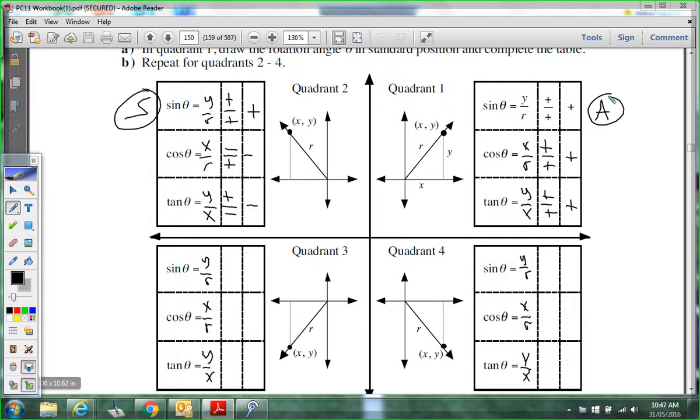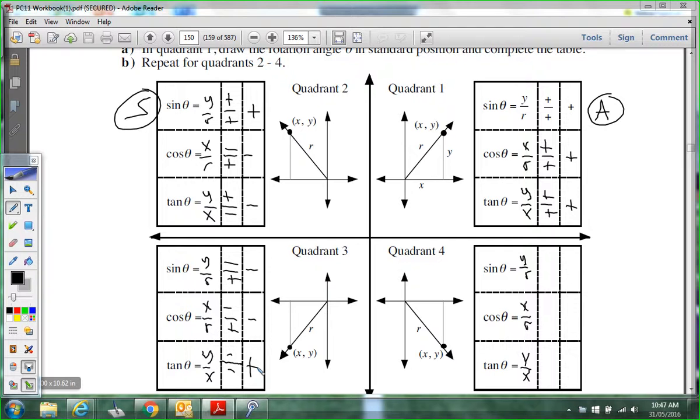Okay, for quadrant 3, y is negative, r is still positive. X is negative, r is positive. And then y and x are both negative. I know that looks horrible. Try to do a little bit better there. So we got our bar, and a negative over negative is a positive.